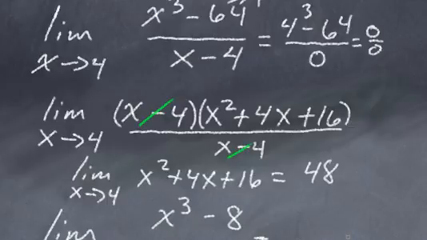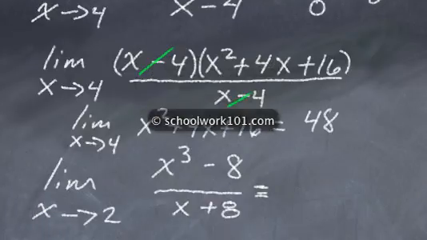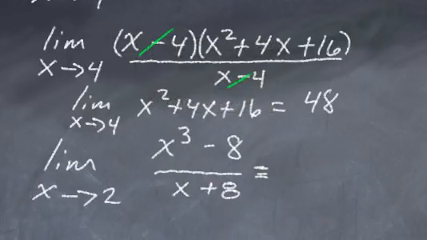Alright, let's look at another example. So we have the limit as x approaches 2 of x cubed minus 8 over x plus 8.